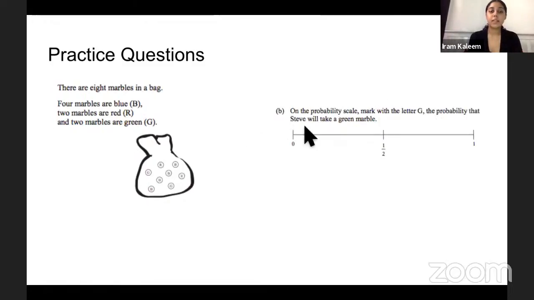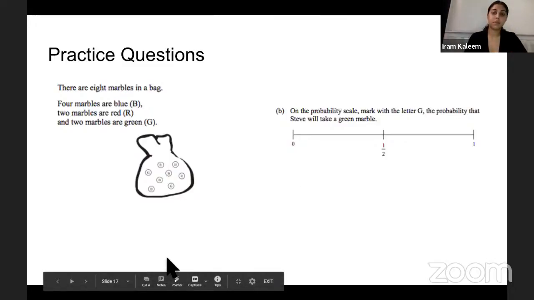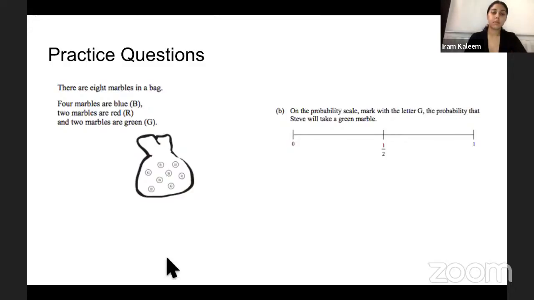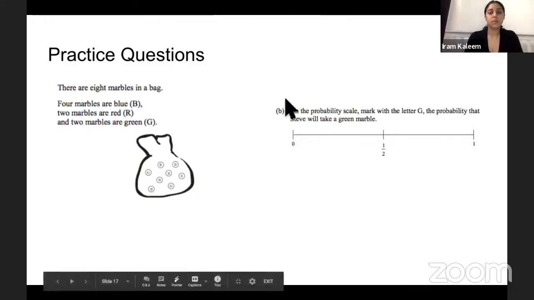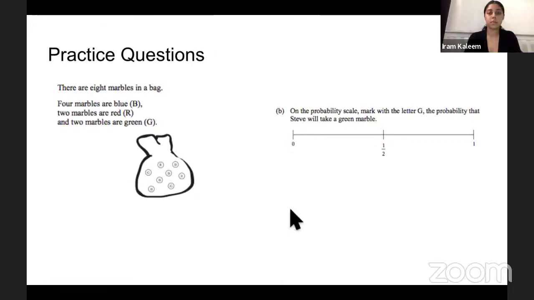Okay. Similarly, on the probability scale, mark with the letter G the probability that Steve will take a green marble. So I'd like you to work out the probability that Steve picks a green marble and then think about where it'll go on the scale. So it's the probability that Steve will take a green marble.